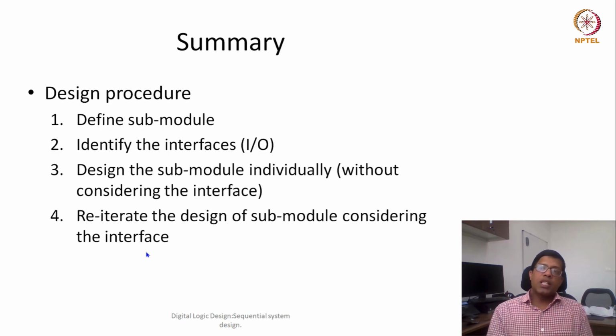So the overall summary is that whenever we are designing any complex system, we should divide it into subsystems. The key in defining subsystems is that any two parts which seem to be independent, which have very little interaction, or which have a very well-defined interaction, can form two different submodules. Because the interaction is well defined, it can be formed using interfaces.